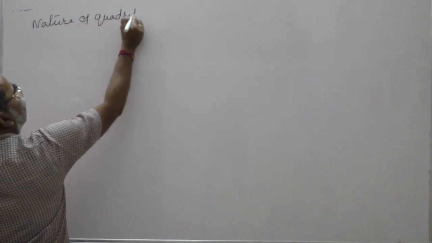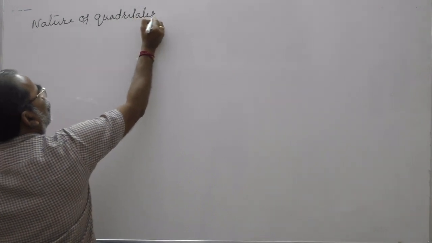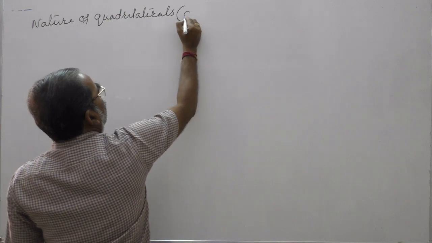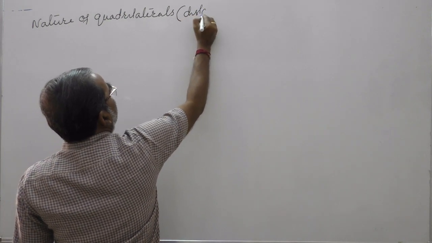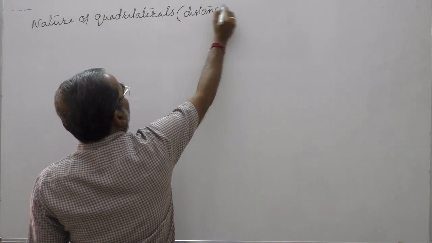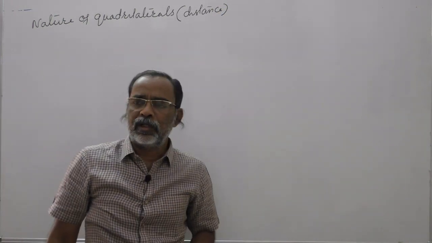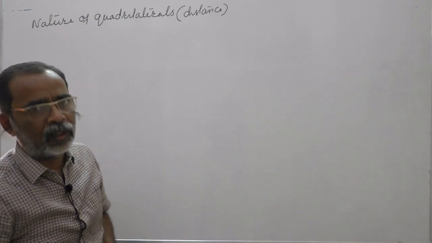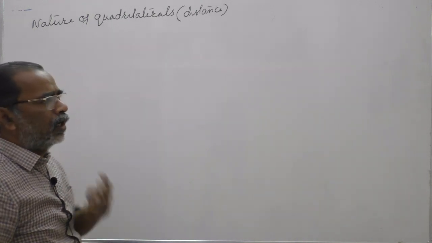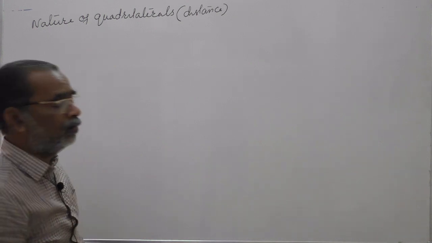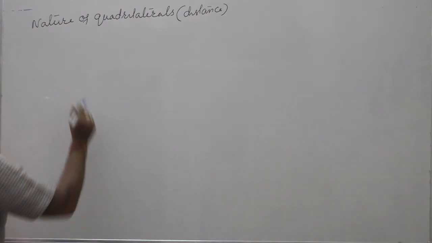Nature of quadrilaterals using distance properties. So basically we consider 4 quadrilaterals. They are square, rectangle, parallelogram and rhombus.